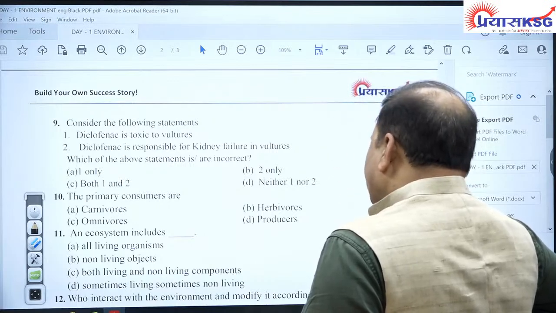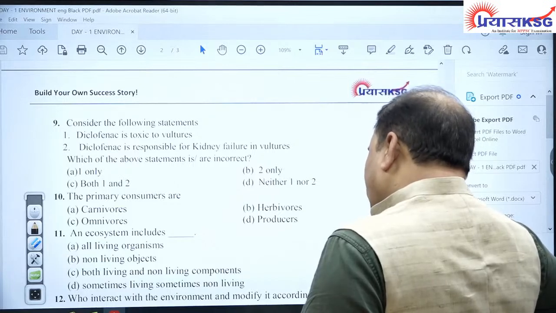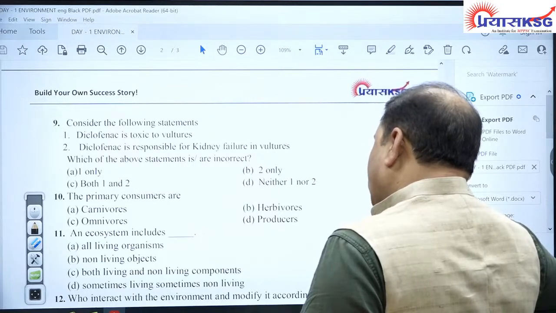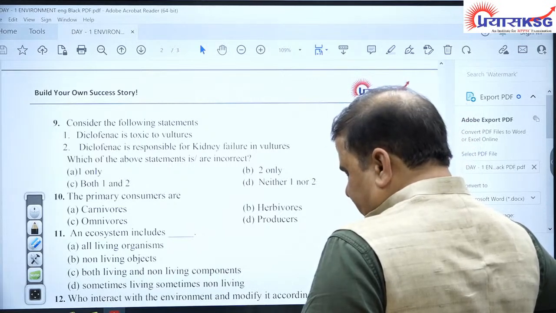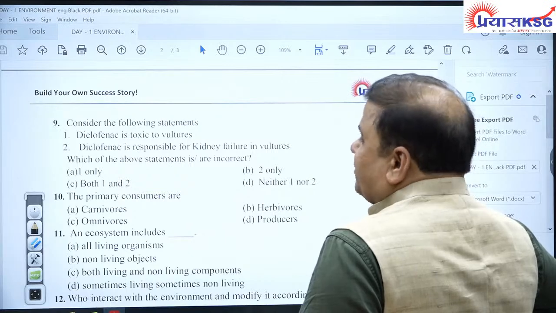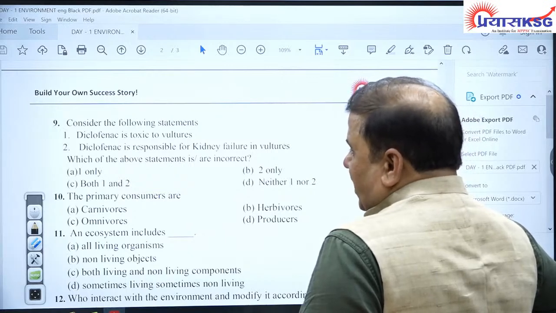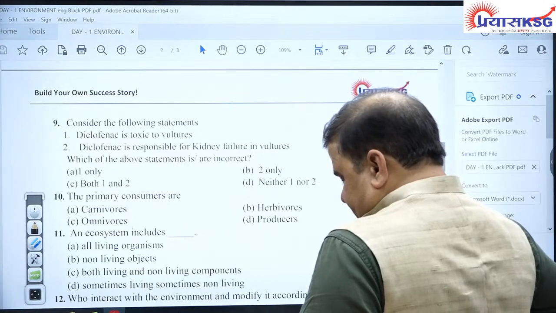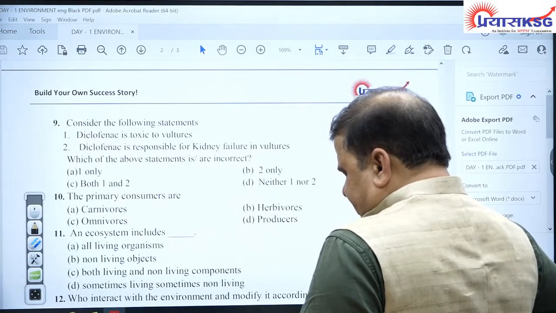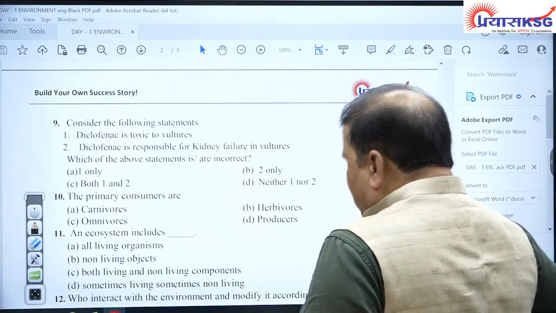An ecosystem includes all living organisms, non-living objects, both living and non-living components. Because what you have studied in the last class, that biotic and abiotic components are there. Edaphic factors are included in abiotic component.